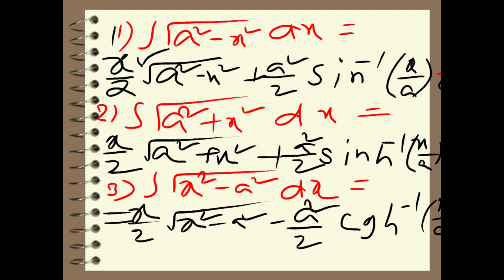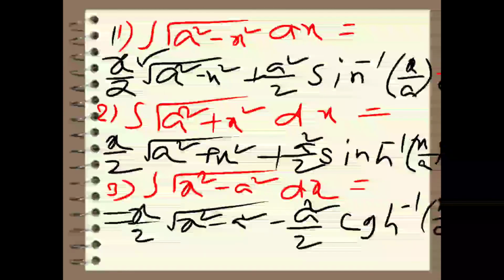These are the three formulae which are very important for the long answer questions in your intermediate second year integration topic, and we will discuss examples of these three formulae in the next video. Please write them 2 or 3 times and memorize them this way: x by 2 common in the first part, a square by 2 in the second part.